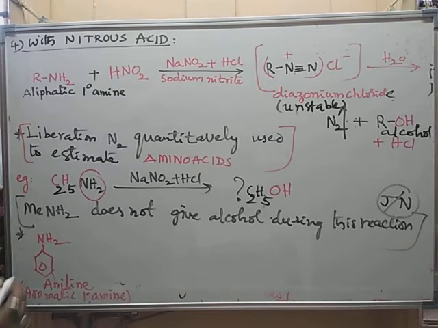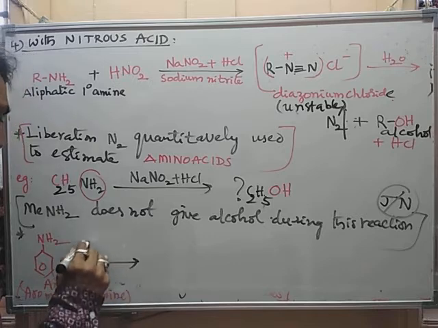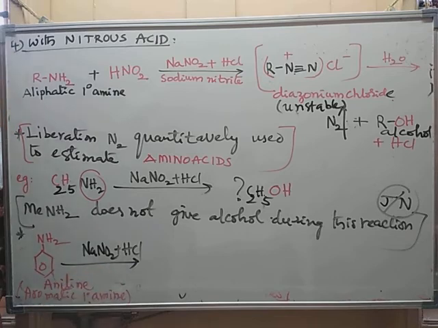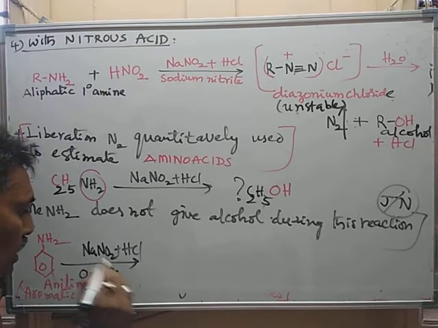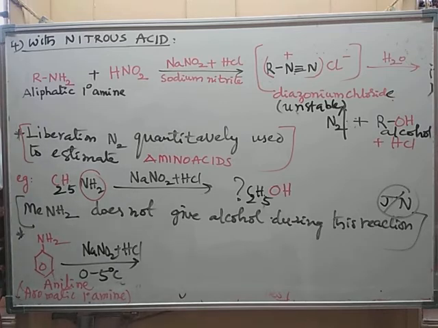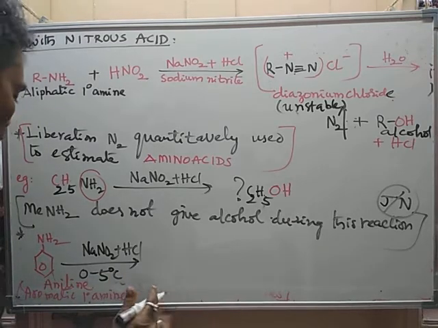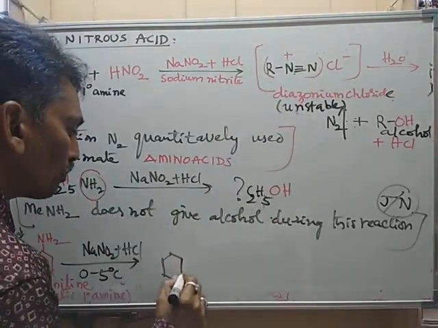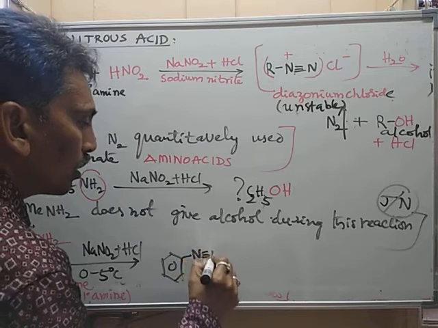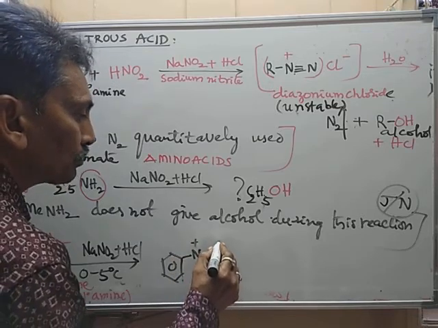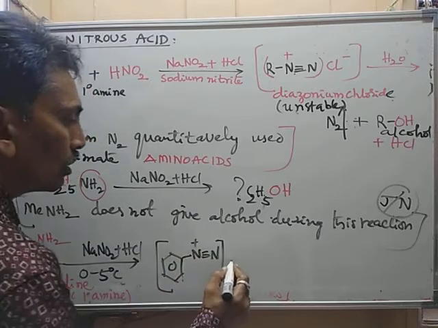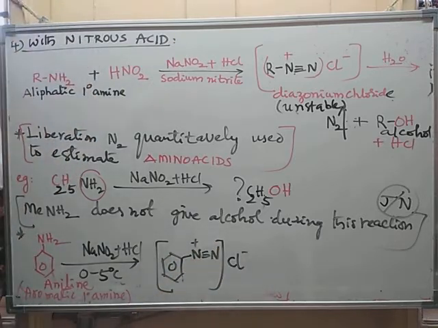Okay, now treated with NaNO2 HCl, and the reaction temperature is 0 to 5 degrees centigrade, ice cold temperature. At this temperature the product is, so as usual, what is formed? Expect this one, benzene ring N triple bond N plus Cl minus.